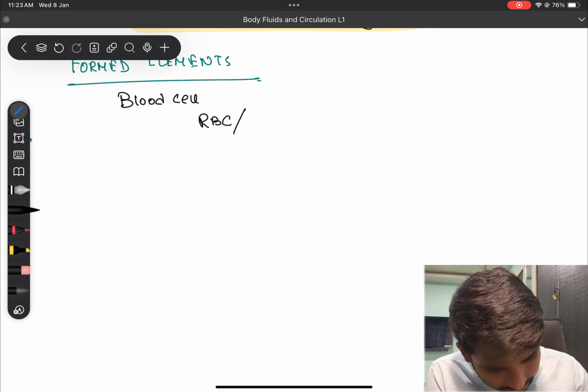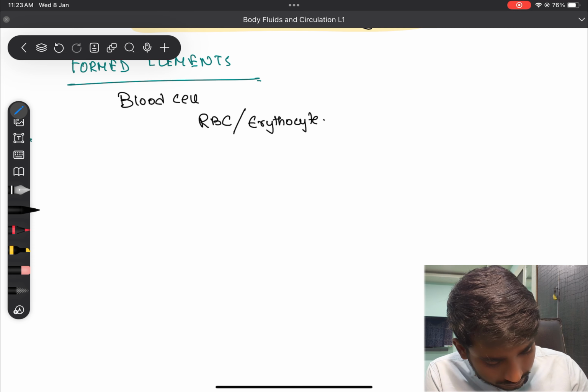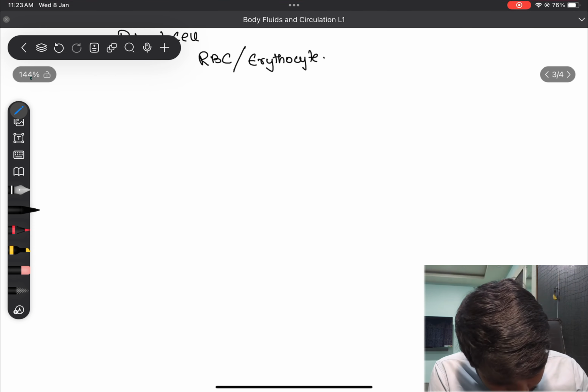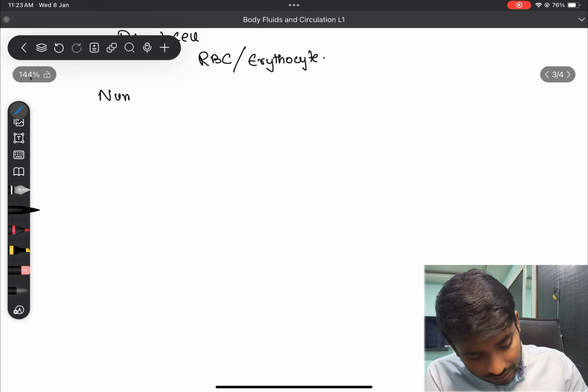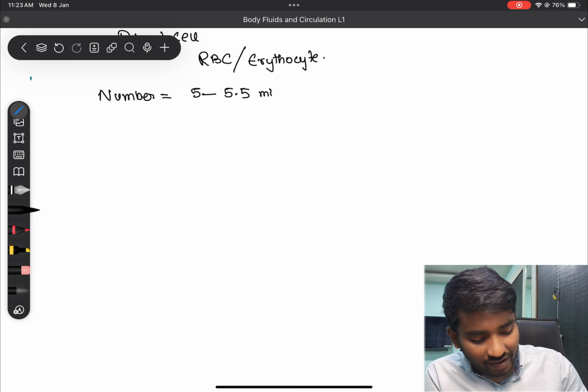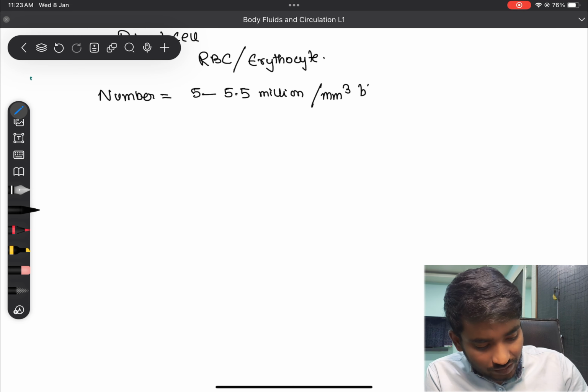Red blood cells, that is the erythrocytes, red blood corpuscles. What is the number? The number is 5 to 5.5 million per millimeter cube of blood.